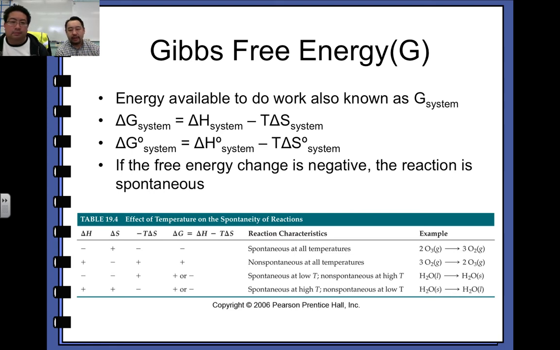So if you have a negative delta H and a negative delta S, if the temperatures are low, then it's going to be spontaneous, and if the temperatures are high, then it's going to be non-spontaneous. And then again, if delta H and delta S are both positive, it's going to be dependent upon the temperature again. So if the temperatures are high, it's going to be spontaneous, and if the temperatures are low, then it will be non-spontaneous.